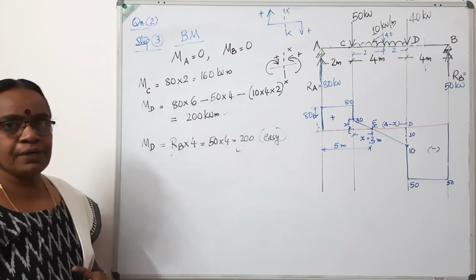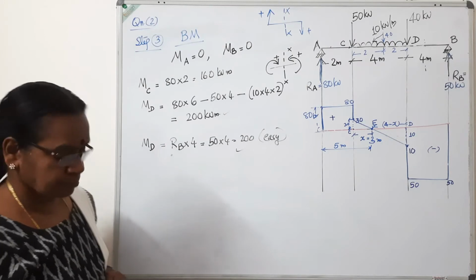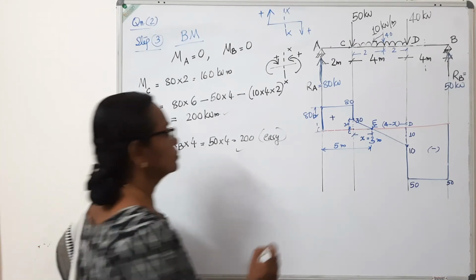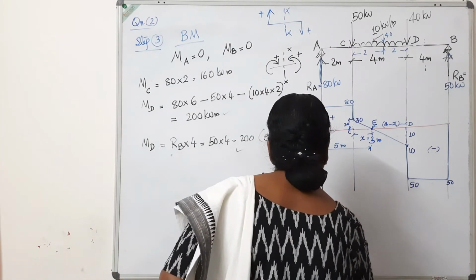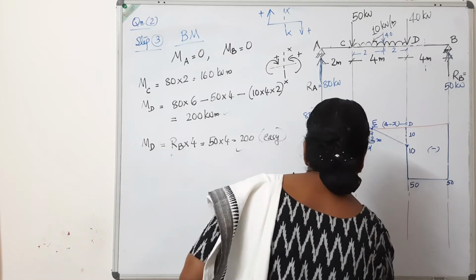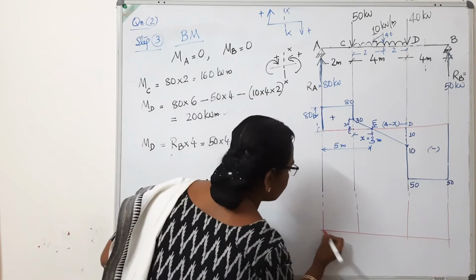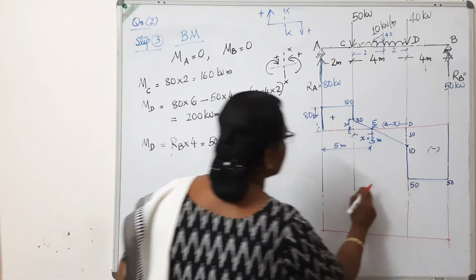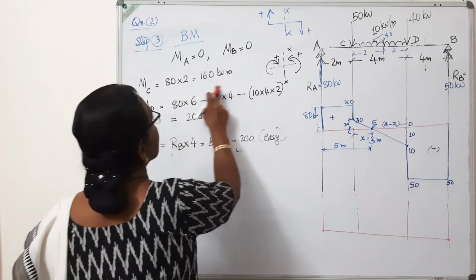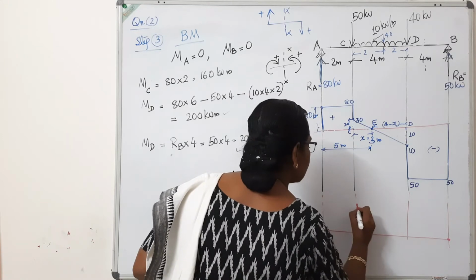Now we have got all the bending moment values. Let us plot the diagram. You draw the baseline and extend it. At this point the moment is 0. Here also the moment is 0. Moment at C is 160, so from here you mark 160.